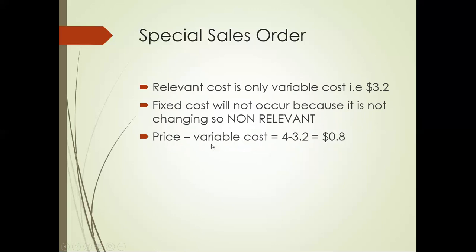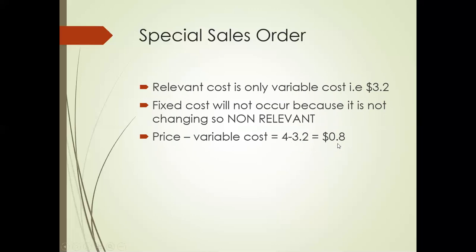So we will take the special price which is offered by your customer, and you will subtract the variable cost. Remember why variable cost? Because this is the cost that you will incur if you accept this order to manufacture. So in my words, you will get $4 to sell this product. From your pocket, the cost which is going out is 3.2.